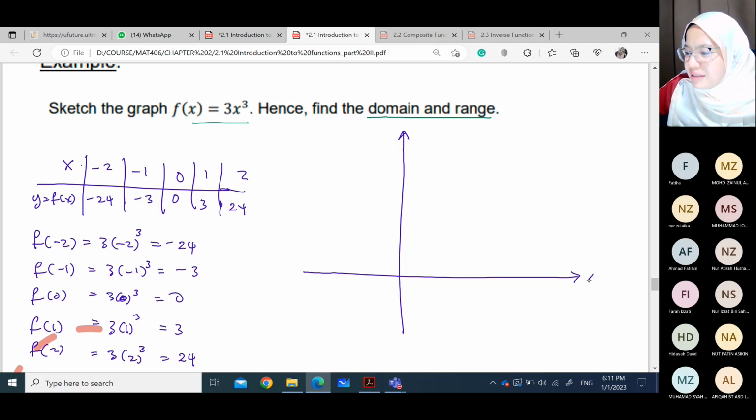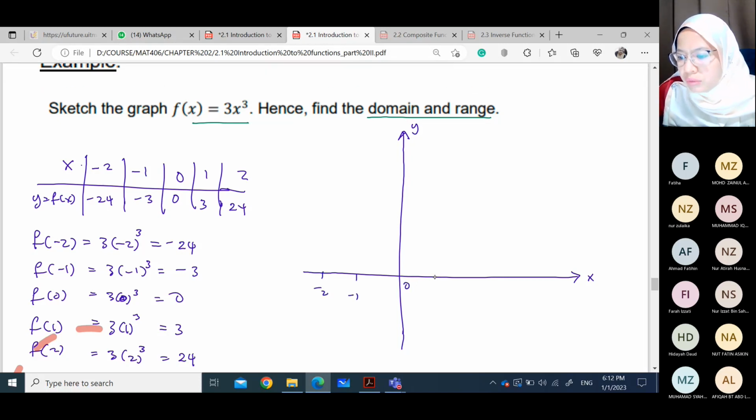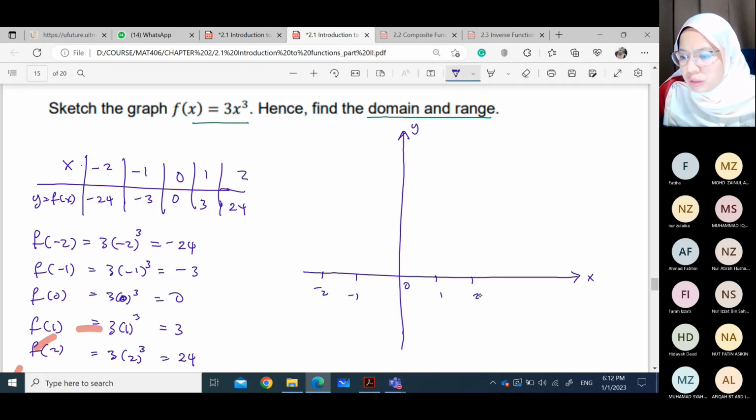Okay, so ini X, ini Y. Alright, so since Y kita range jarak dia jauh kan, negatif 3 ke 24. So kita anggarkan je lah. Okay, so X is a negative 2, negative 1 dekat sini. This one is 0, 1, 2.